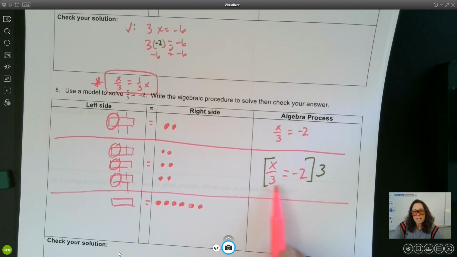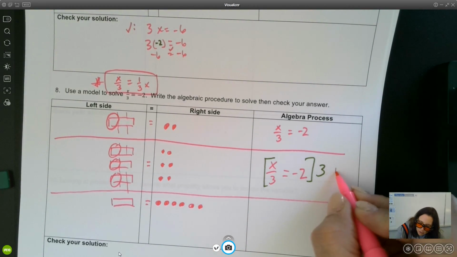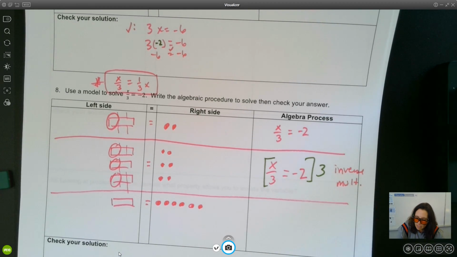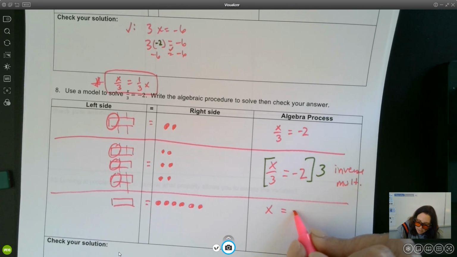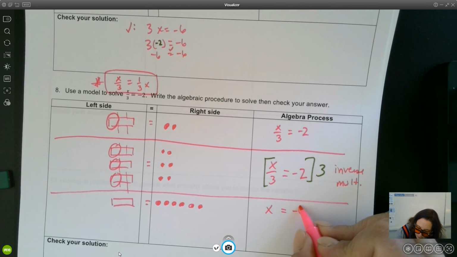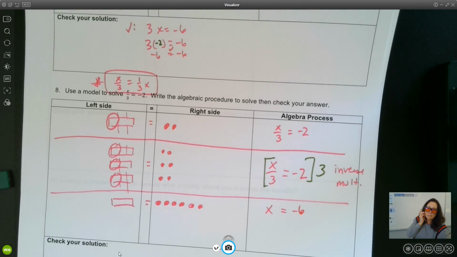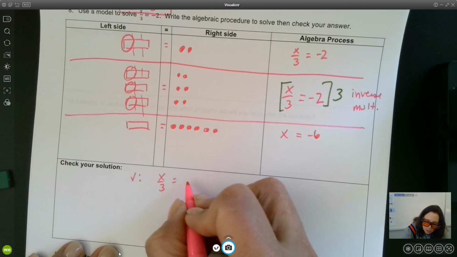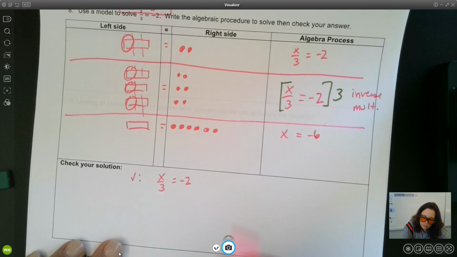So if we have a third x and we multiply it by 3, again, we're using that inverse of multiplication. That would just be a plain old x, and 3 times -2 is -6. There we go. All right, check this answer. X over 3 equals -2.